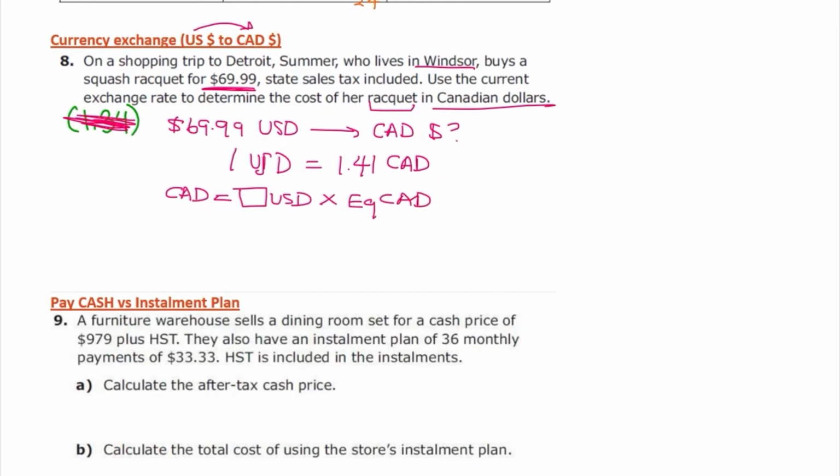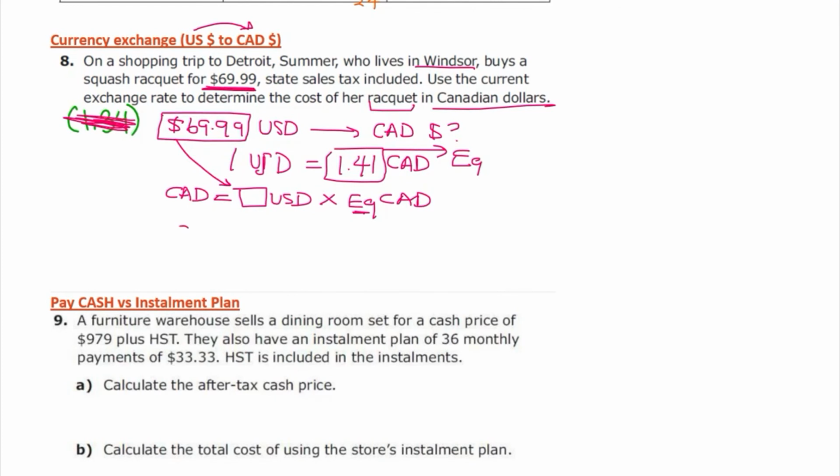This is the equivalent number that you're going to put in here, and the US dollar item price is this number, which is what you put in here as asked in the question.